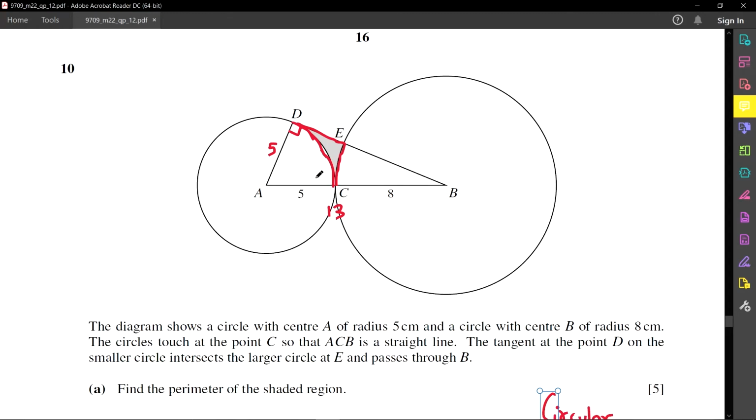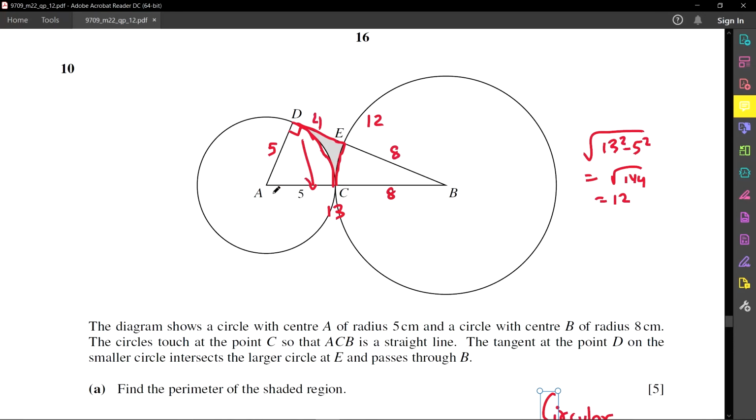You can use the Pythagoras theorem, and this is the hypotenuse. The root of 13 square minus 5 square gives 169 minus 25, root 144, which is 12. So the entire DB length is 12. Now since the radius is 8, this is 8, and this is 4.